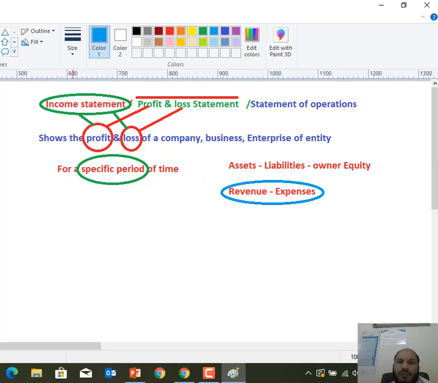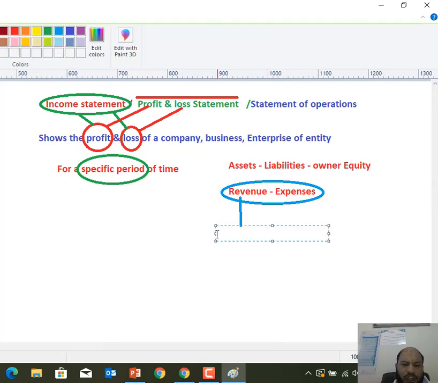So the major accounts that we have within the revenue, for example, the sale of the company. The major sub account that we have is sale. It may be commission received by the company. It may be earning from fee collection.